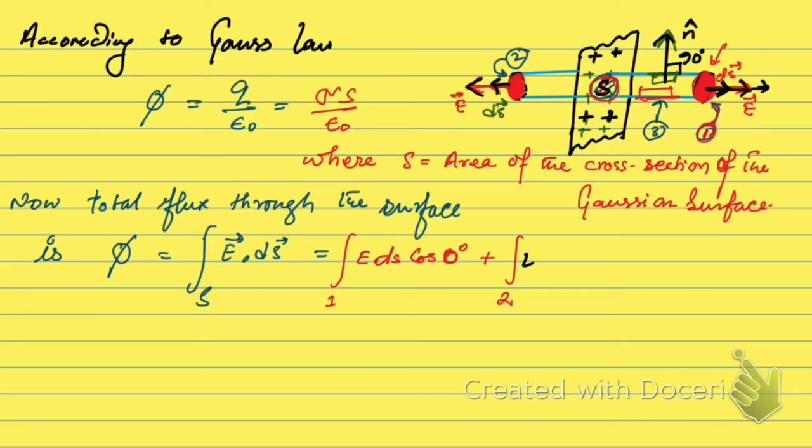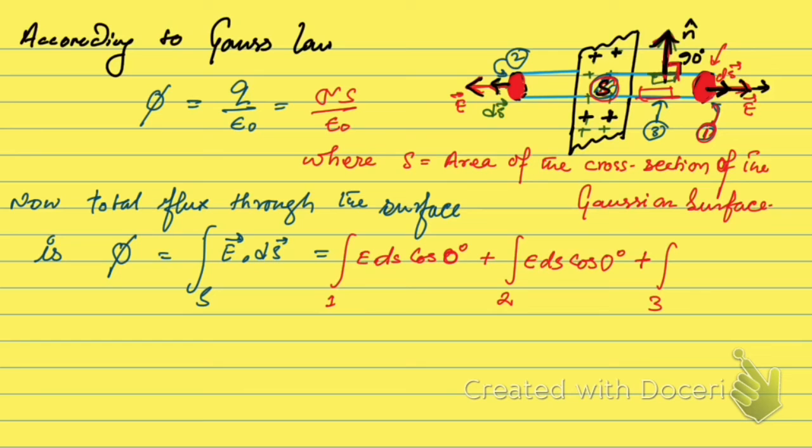E ds cos 0 degree, plus the third surface. In this case the area vector is perpendicular to the curved surface, that is n cap, the unit vector along the area vector of the curved surface at this particular point.